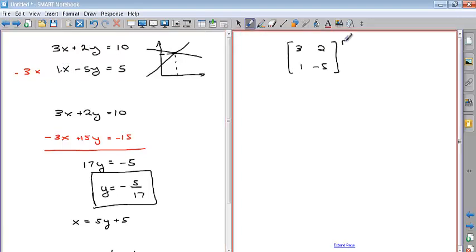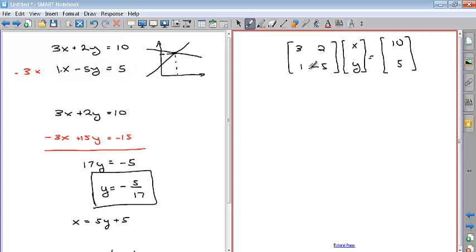And then you have another matrix which just consists of the two variables, x and y. And then you have the right-hand side, which is 10 and 5. And so this is just a shorthand way, or a different way of representing this same information.